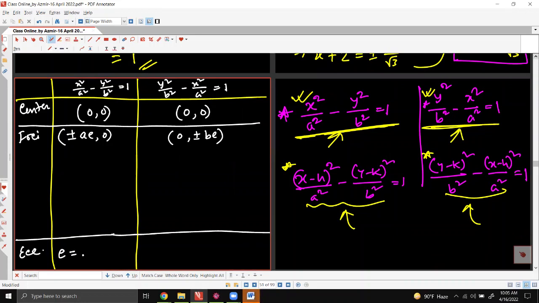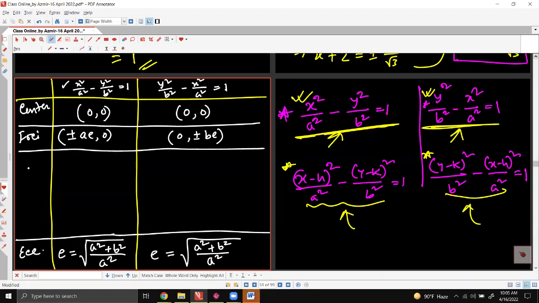E equals square root of a squared plus b squared over a squared for the first case, and for the second case E equals square root of a squared plus b squared over a squared. So once we have E, then we can easily find AE, or let's say BE. So automatically we will get foci.